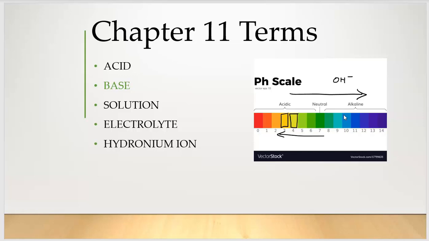By the same token, something that is a 10 and something that is 11, the 11 is 10 times more basic than the item that's a 10. Make sure that that's not confusing. We can say the same thing is true for a 12 and a 13. The substance that measures as 13 on the pH scale is 10 times more basic than the substance that measures as 12. Okay.